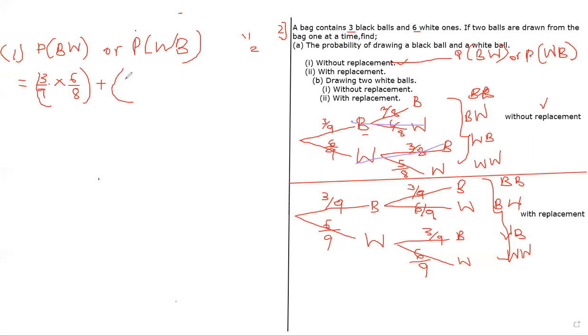The probability of drawing white is 6/9 times the probability of drawing black, which is 3/8. Those lines that I've drawn there equal 3 times 6, you multiply the numerators, that is 18/72 plus 18/72.